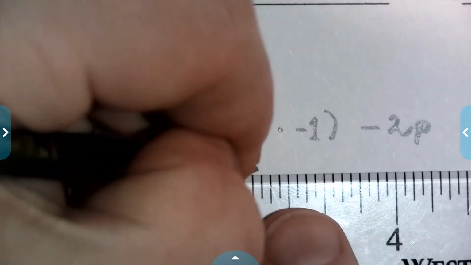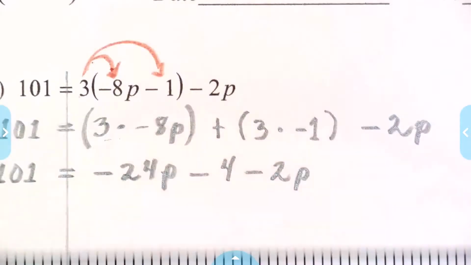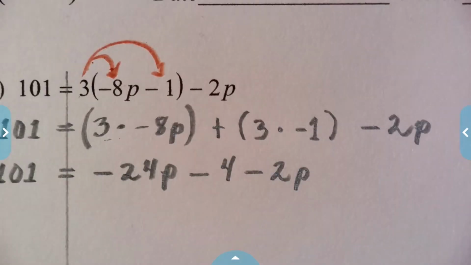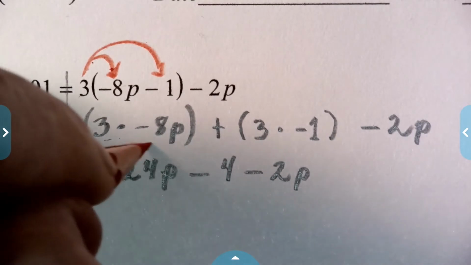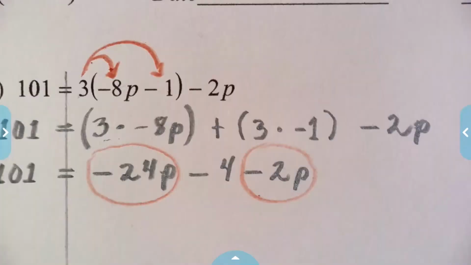Then minus 2p. We have some like terms that we need to combine over here. The -24p and the -2p go together. -24 plus -2 is -26.